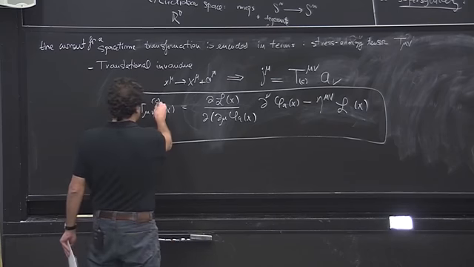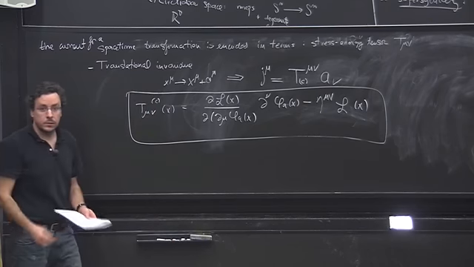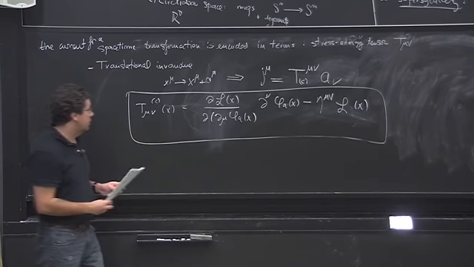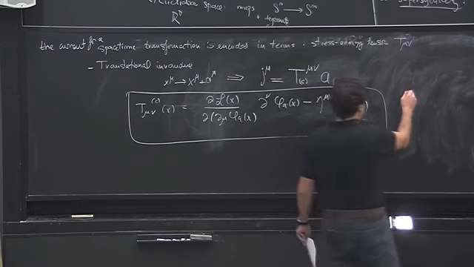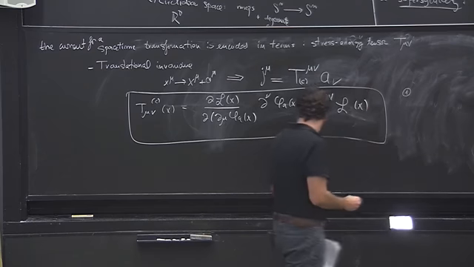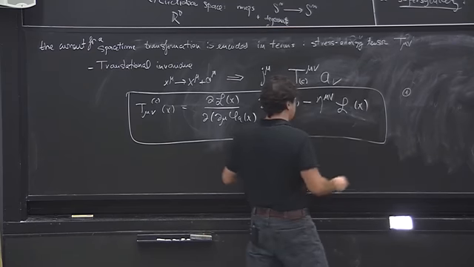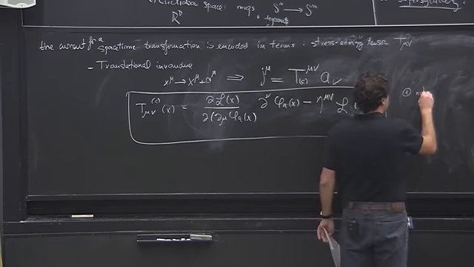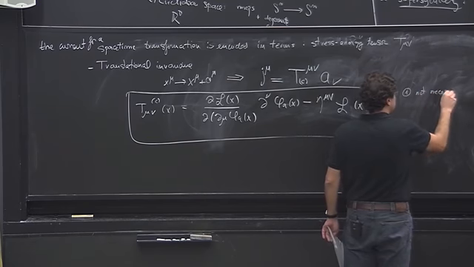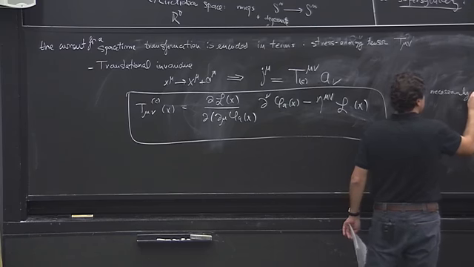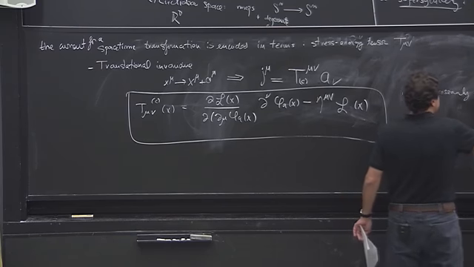Now, something that's weird about this stress energy tensor, when you first encounter it, is that it has a couple of annoying properties. One is that it's not necessarily symmetric in mu nu.